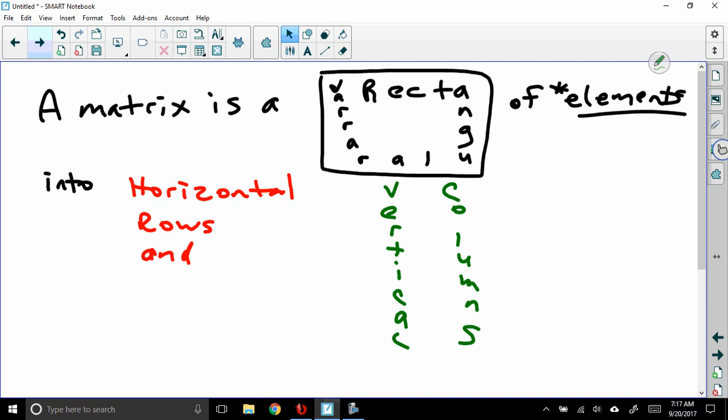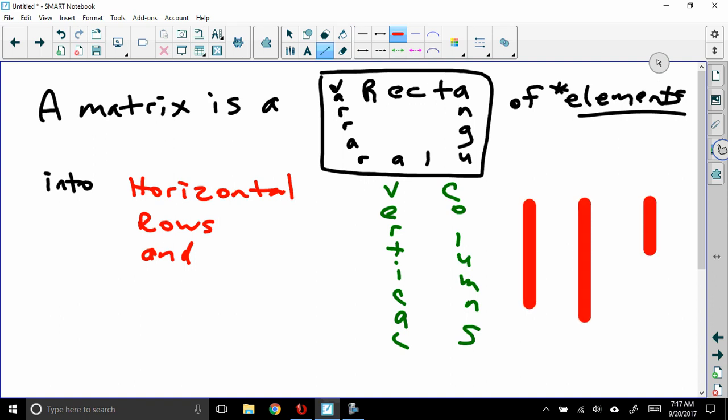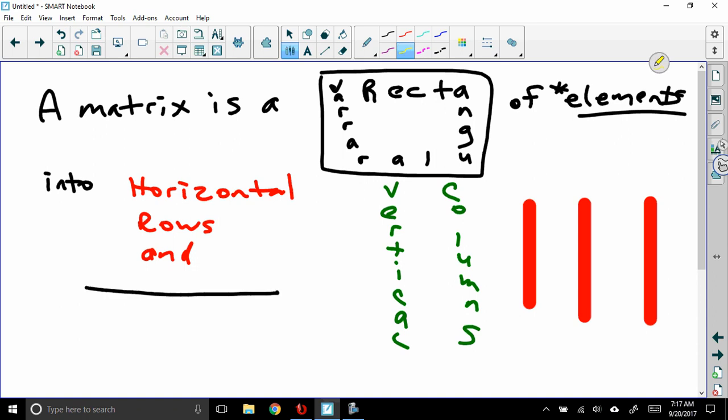If you think back to the ancient Greeks, when they were building buildings and they had columns in front of the Parthenon, that's how I remember columns. And if you think about the horizon with the sun, the horizon. All right, so a matrix is a rectangular array of elements into horizontal rows and vertical columns. Okay, so that's the definition.